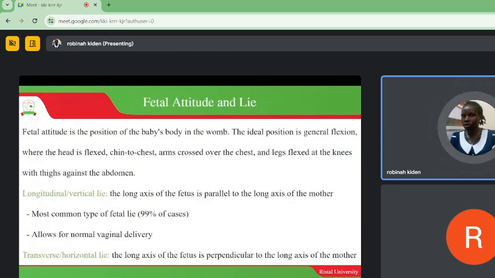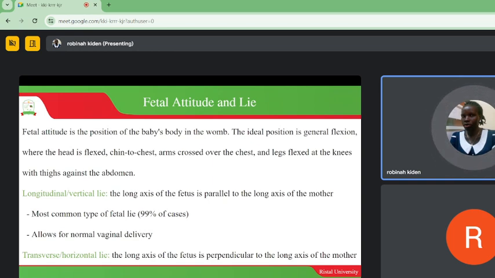So, fetal attitude and the lie. Fetal attitude is the position of the baby's body in the womb, how the baby is being positioned. That is what we refer to as the attitude. The ideal position is general flexion, where the head is flexed, chin is on the chest, the arms are crossed over the chest, and the legs are flexed at the knees with the thighs against the abdomen.